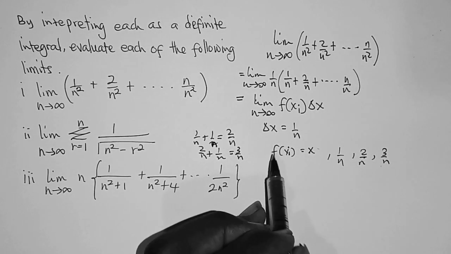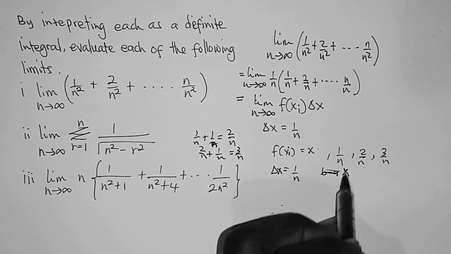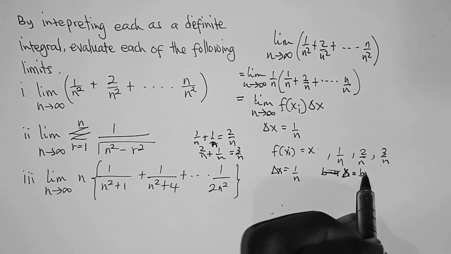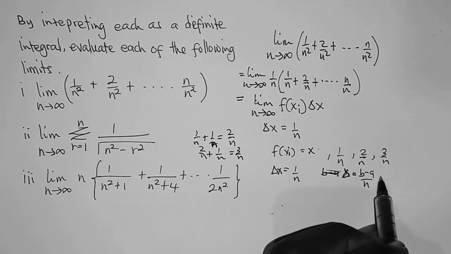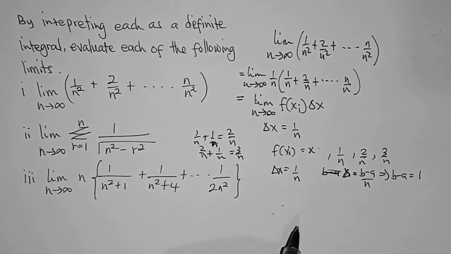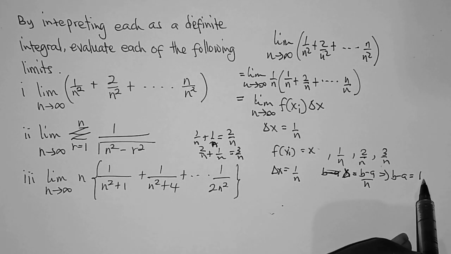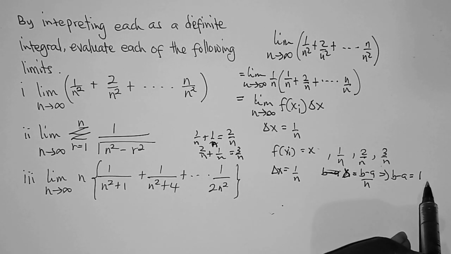So that means that, remember, delta x is equal to b minus a over n. If delta x is equal to 1 over n, it implies that b minus a is equal to 1. So if b minus a is 1, the upper limit is 1 and the lower limit is 0.